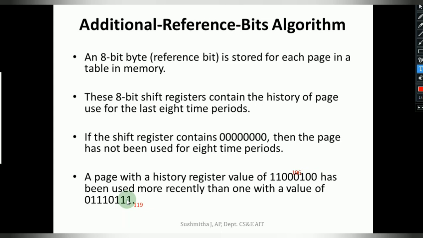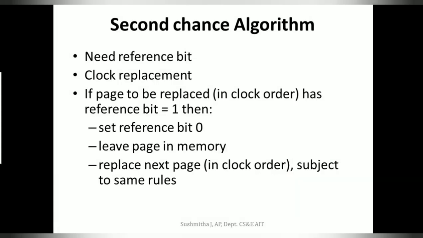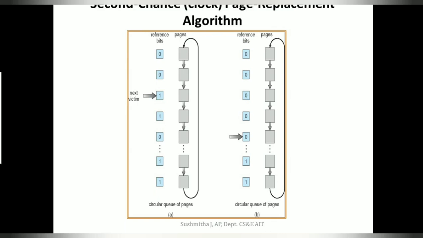The next algorithm that we have is the second chance page replacement algorithm. Now what is the second chance page replacement algorithm about? Let us get back to the reference bit algorithm that we were talking about. There will be one reference bit associated with each page.